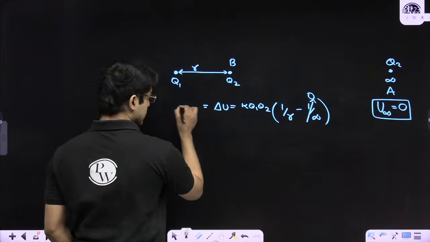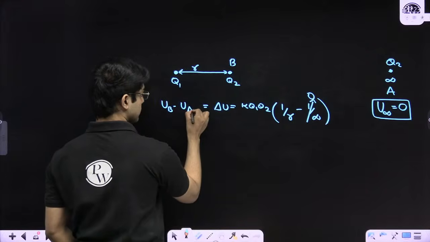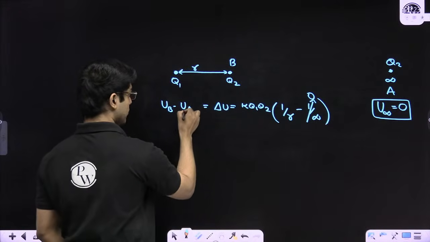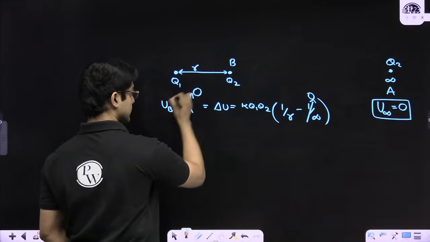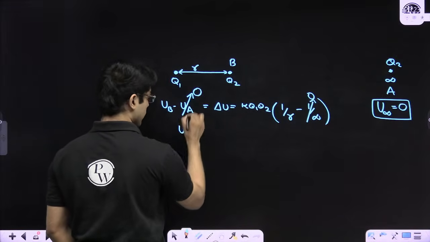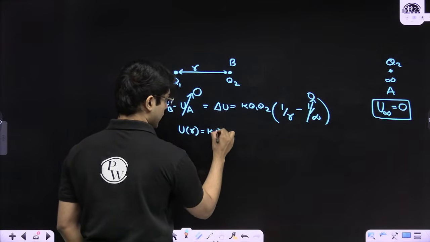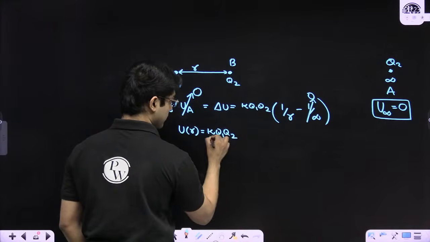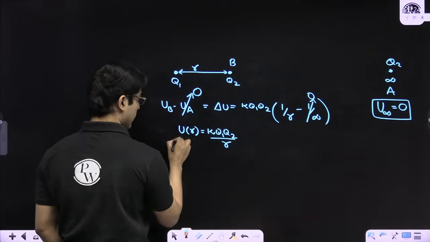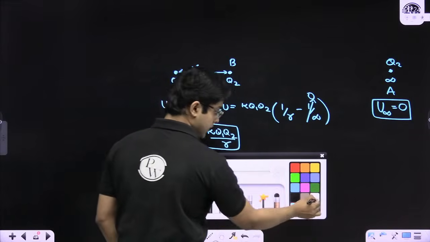So delta U is nothing but UB minus UA, and the starting point is the infinity point. So this we will write as 0, which means the potential energy at this R location is K Q1 Q2 by R. Okay, this is an important formula.